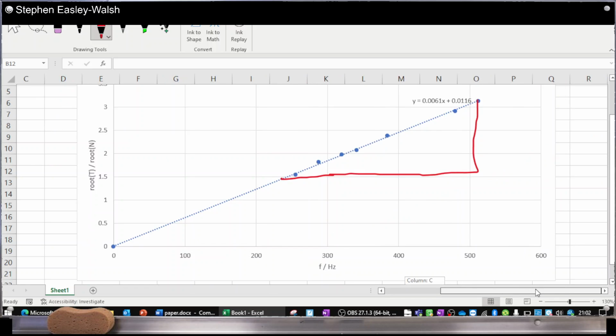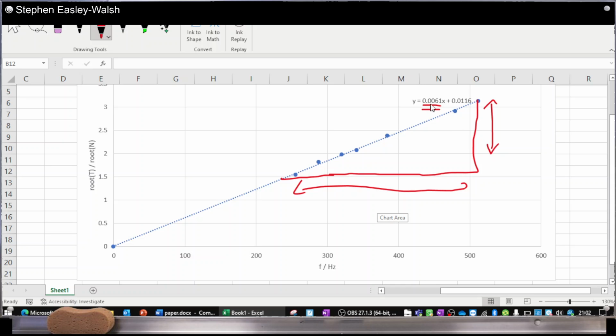So you can measure the rise and then divide it by the run. I don't have to do that because Excel has done it for me already. It's 0.0061, which is good because it'll be very difficult for me to measure it off a computer screen.